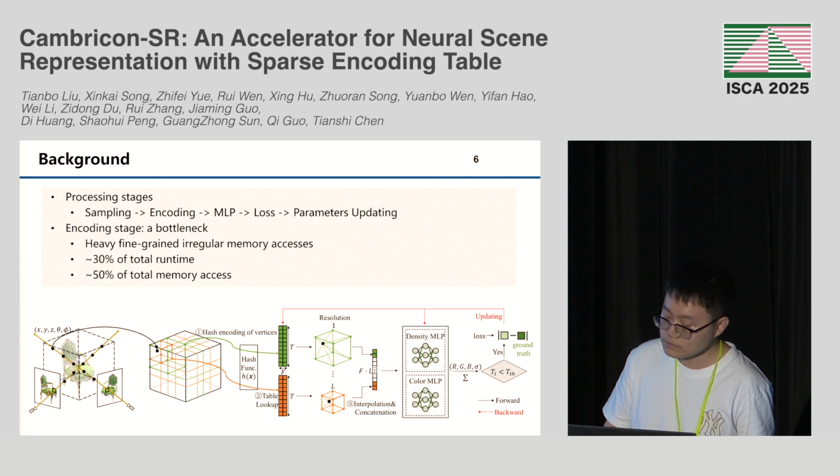The encoding stage performs lookups in the encoding tables. The main challenge in the encoding stage is the large number of fine-grained irregular memory accesses. On GPU, around 30% of the total runtime is spent on the encoding stage, with around half of the total memory accesses.